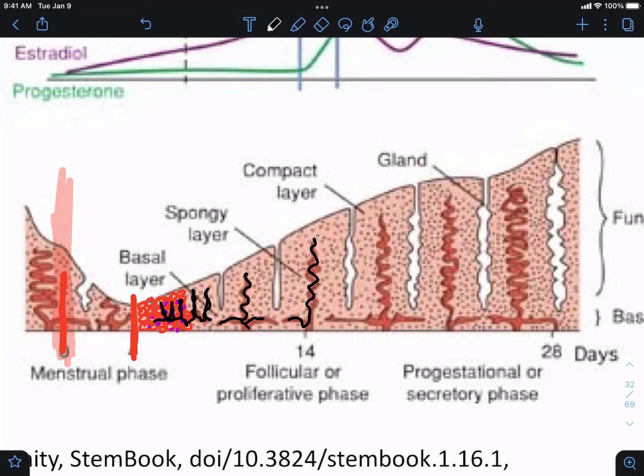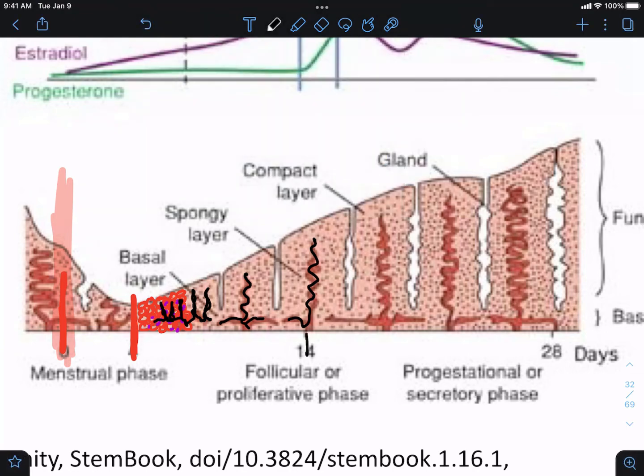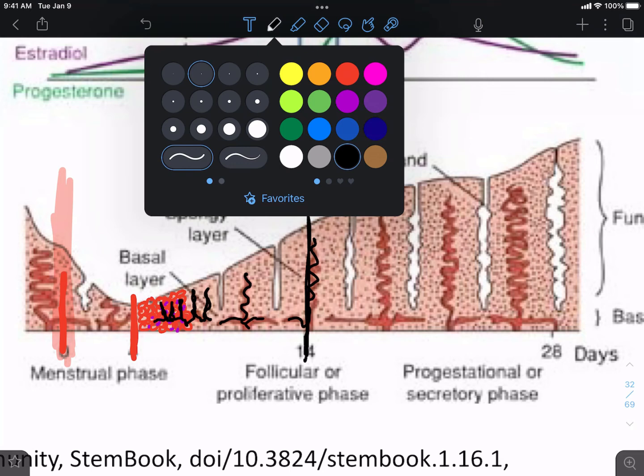After ovulation, and in this particular diagram, ovulation is going to occur at day 14. So after ovulation, we'll just draw a nice little line here to represent ovulation, and the development of the corpus luteum, this endometrial layer is now going to become what we call secretory.